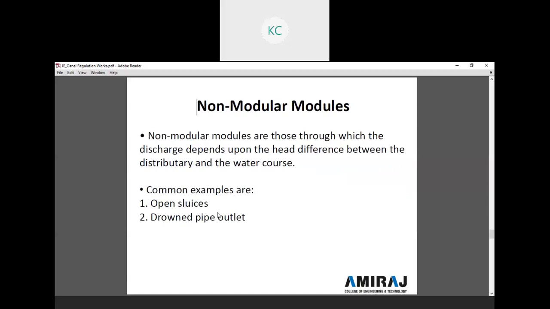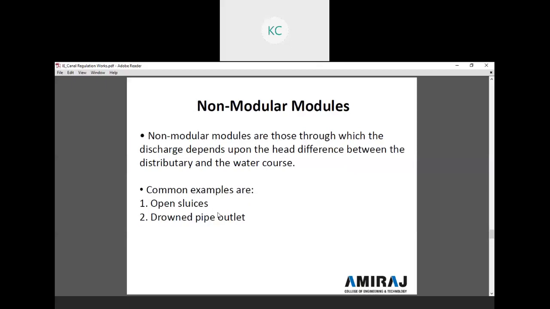Non-modular modules are those through which the discharge depends upon the head difference between the distributary and the water courses. Some common examples of non-modular modules are the open sluice and drowned pipe outlet. But in recent times, non-modular modules are not much used because there are differences in the head in the distributary as well as the water courses.